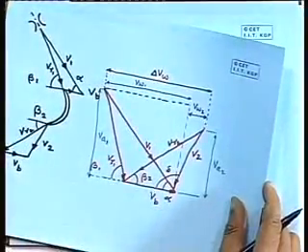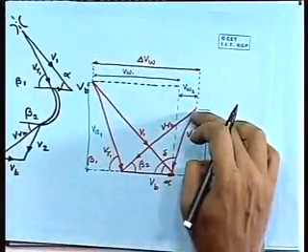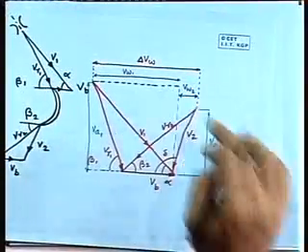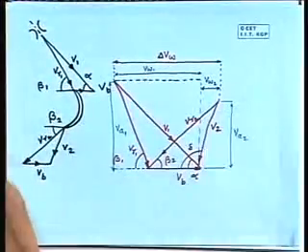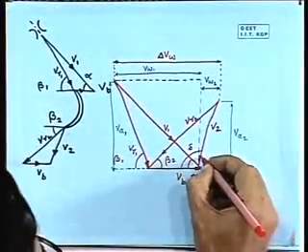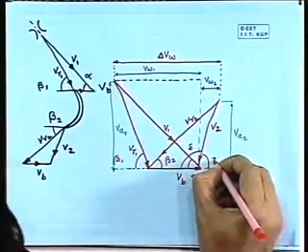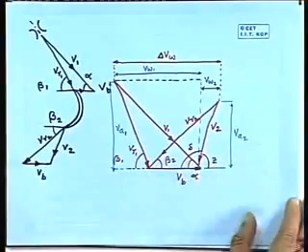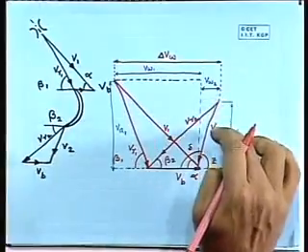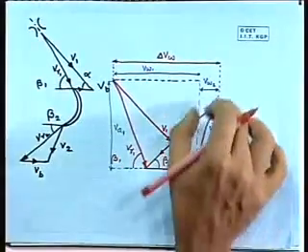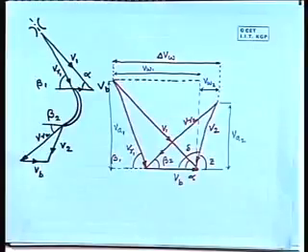What is V omega 2? If we see, this is V 2, and let us say this angle, let us call it by any name, let us say it is Z. So, if we take V 2 cos Z, then we get V omega 2.